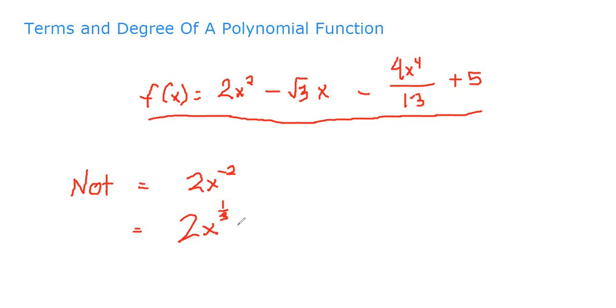Since 1/3 is not an integer, we cannot say it is a polynomial function. In our example, the exponents are 1, 0, 1, 2, and 4, so this is a polynomial function.